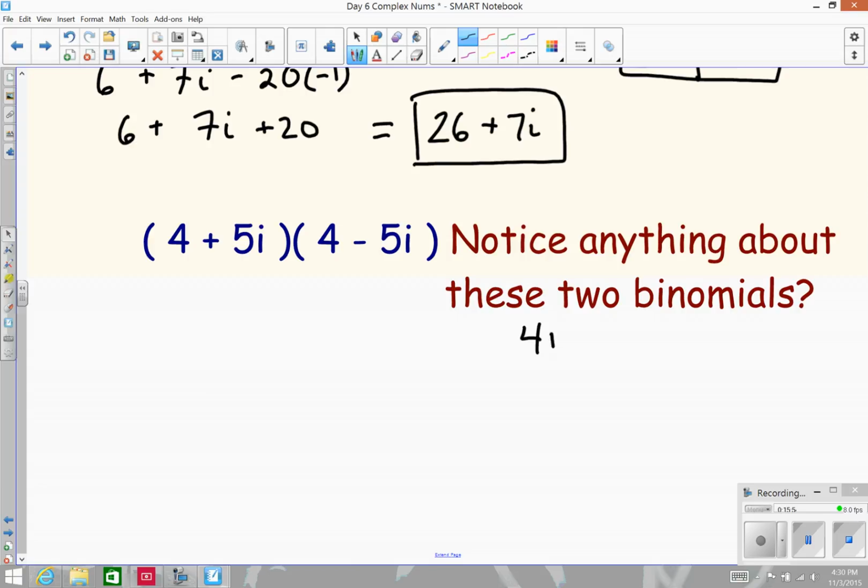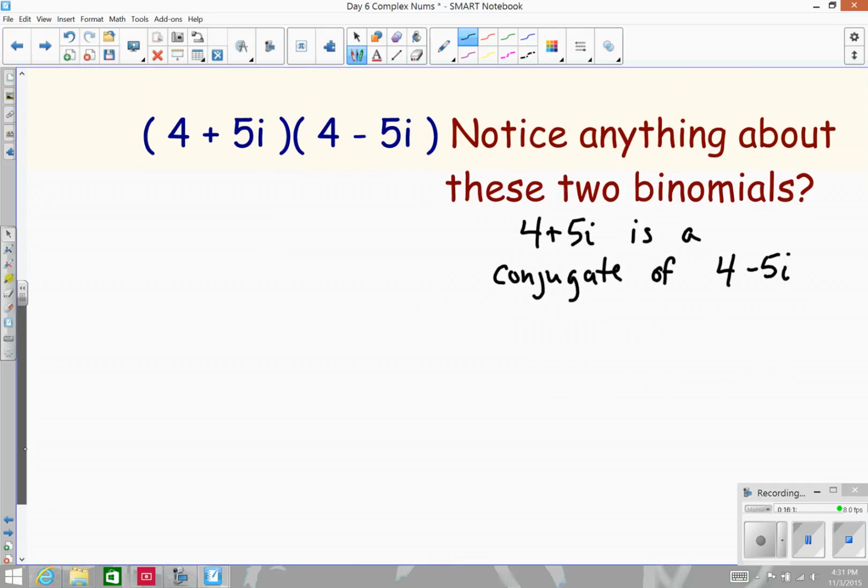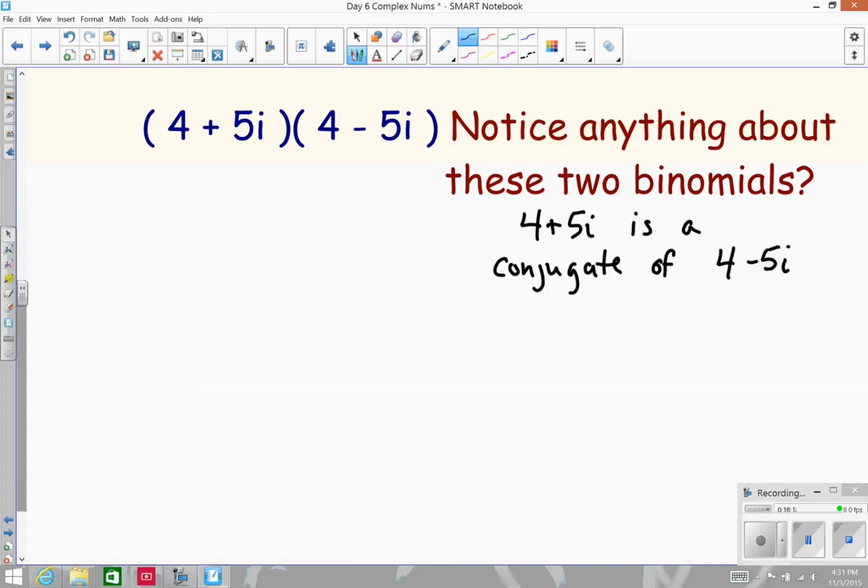So 4 plus 5i is a conjugate of 4 minus 5i, which means when I multiply these two binomials, my two middle terms should end up canceling each other out. So I'm going to go ahead and draw myself the box on this thing.